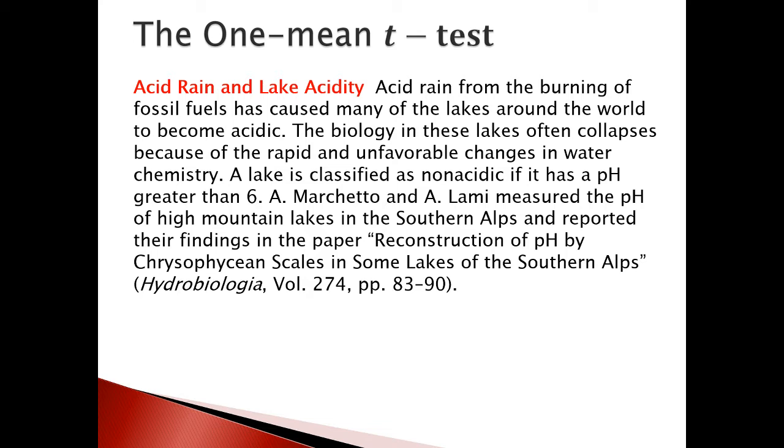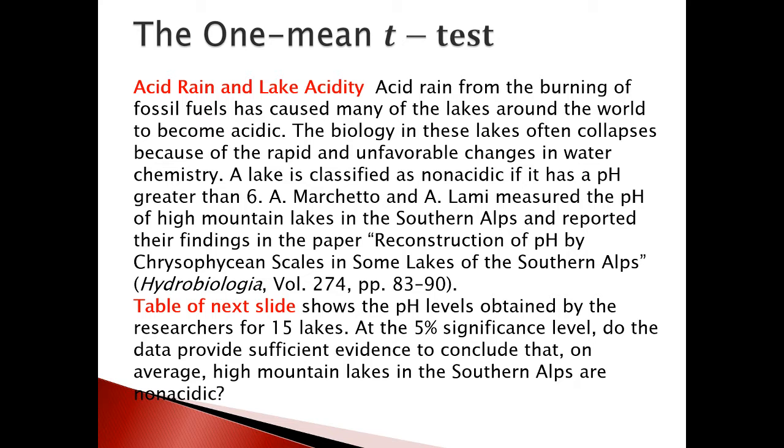Now we are going to see an example of a one-mean t-test. This example is related to acid rain or lake acidity. The table on the next slide shows the pH levels of 15 lakes. Here our sample size is 15, so n equals 15, and the significance level is 5%, so alpha equals 0.05.